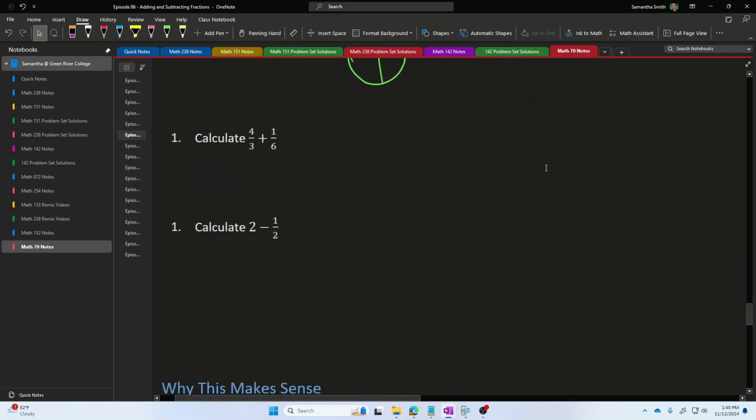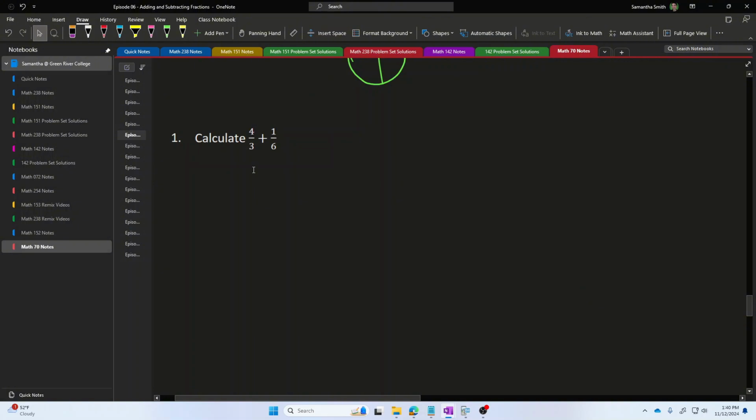Let's do another example. Somebody says to me, I want to take 4/3 and I want to combine it with 1/6. What's the result? Well, the first thing that I'm going to do is take these two quantities and rewrite them so that they have the same denominator.